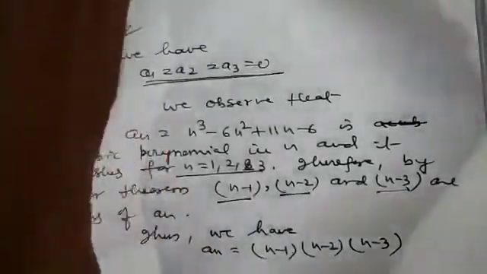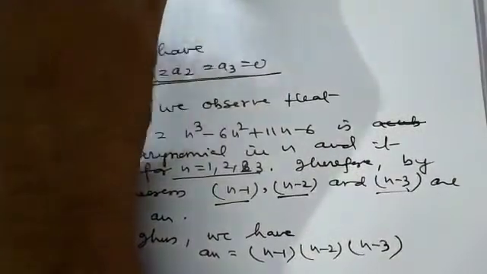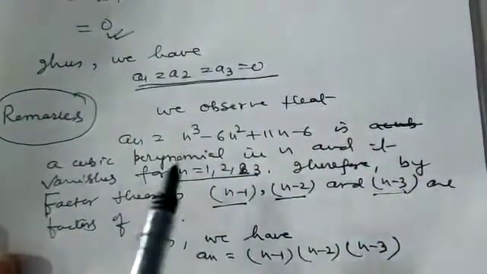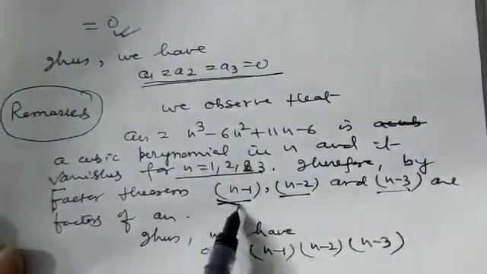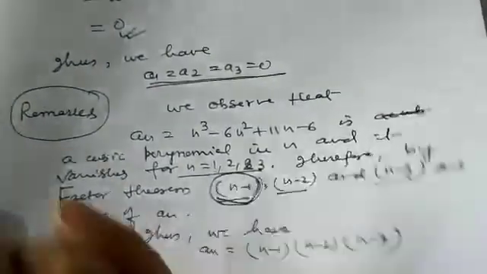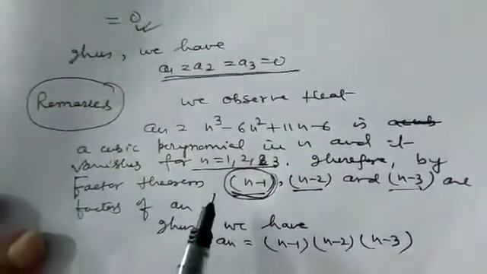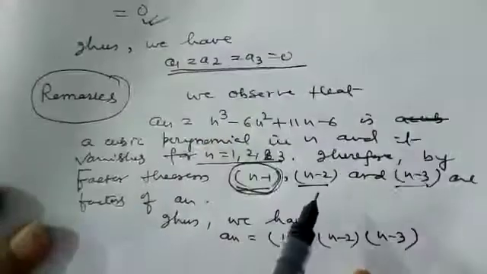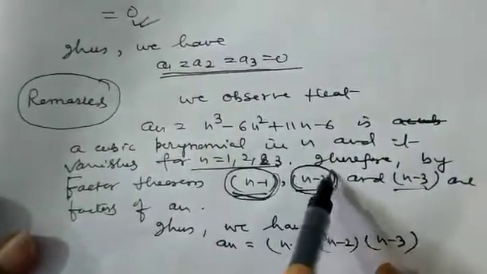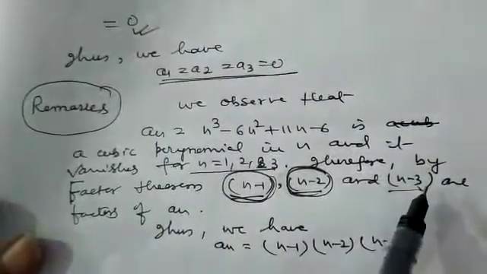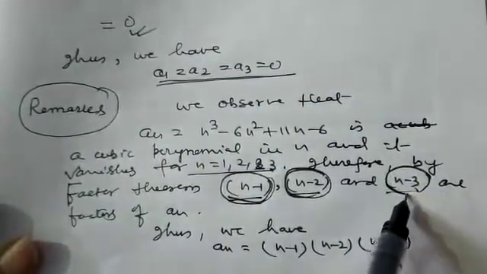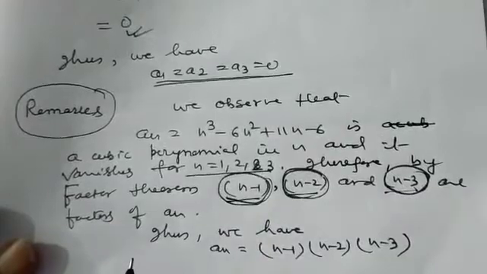If putting n equal to 1 gives 0, then the corresponding factor is n minus 1. If n equal to 2 gives 0, the factor is n minus 2. If n equal to 3 gives 0, the factor is n minus 3.